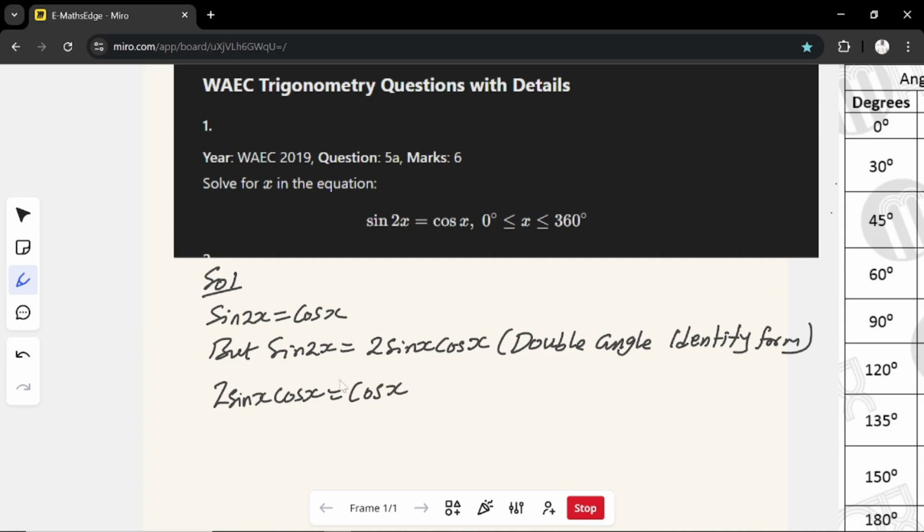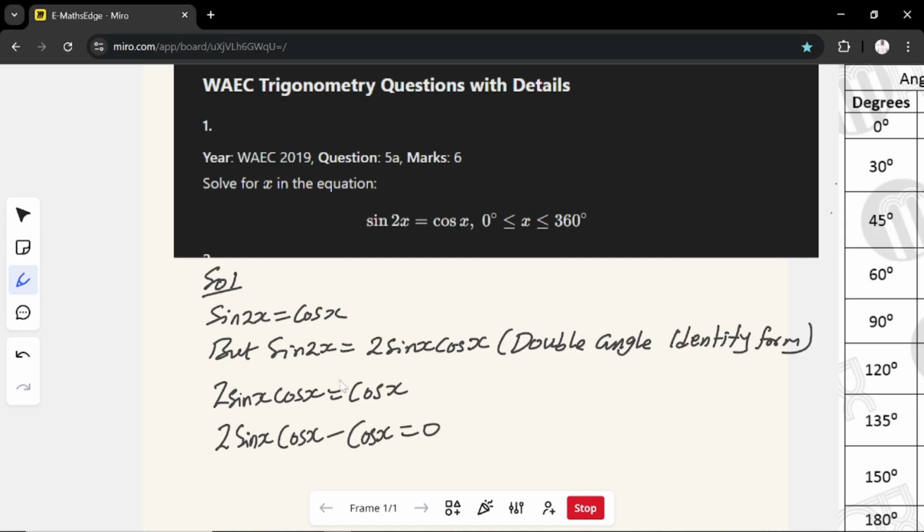So having obtained this equation, the next thing to do is to try to balance the equation. So how do we do that? We bring this cos x, which is at the right hand side, to the left hand side to have everything equate to 0. So we are going to have 2 sine x cos x minus cos x to be equal to 0.